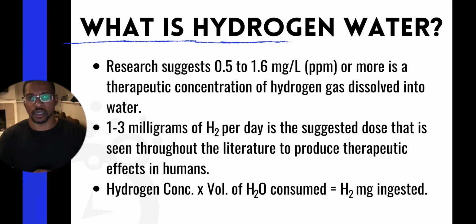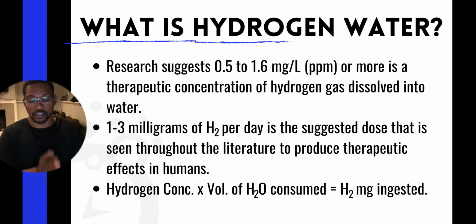So I came up with a simple formula that should help you understand the relationship between the concentration of hydrogen-rich water and the dose you're going to receive by drinking it. It goes like this: hydrogen concentration times the volume of H2O consumed equals the milligrams ingested.